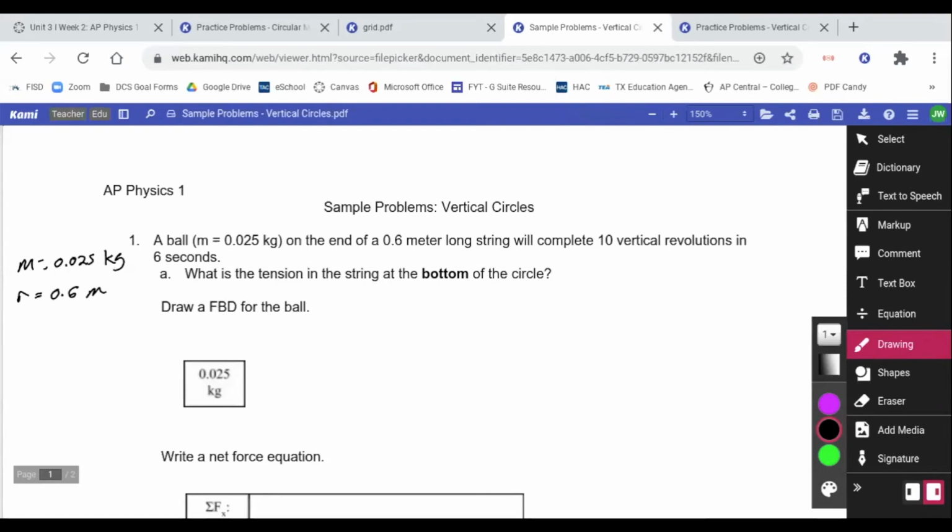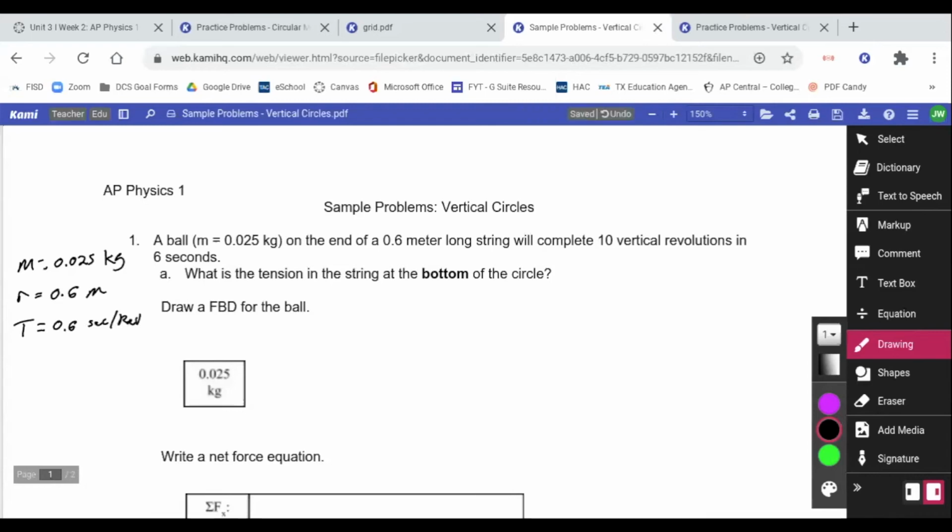Tell me what that is in decimals. 0.6, yes. So my T is 0.6, and this is seconds per revolution. I'm just going to put that there so we don't lose what our unit is.